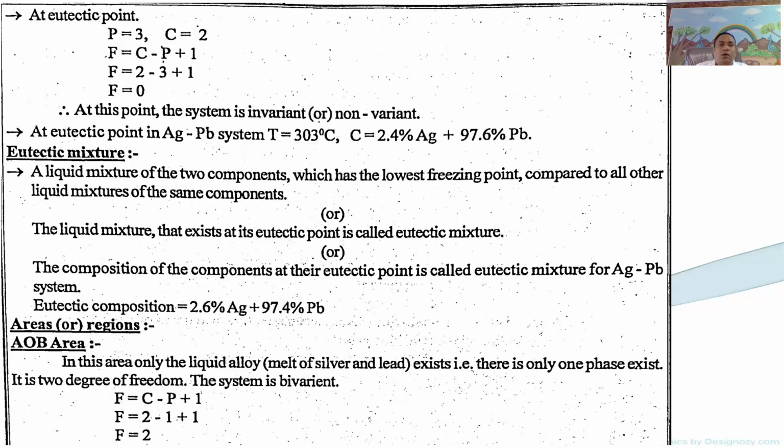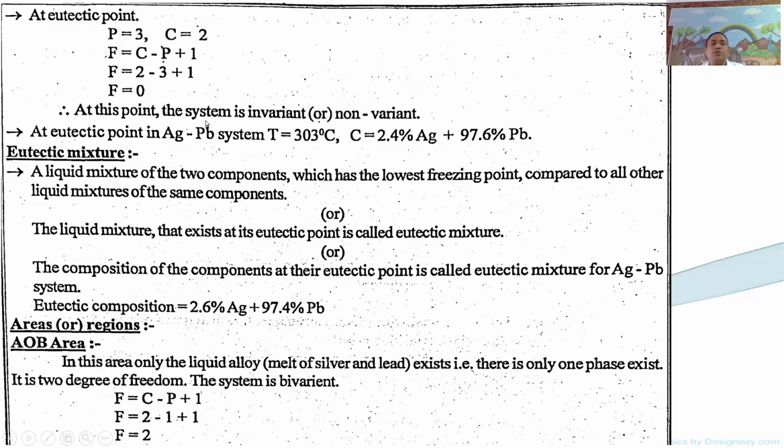Then at the eutectic point, the number of phases is 3. That is solid silver, liquid silver-lead, and solid lead. It is a two component system. Therefore, C is equal to 2, then F equal to C minus P plus 1, F equal to 2 minus 3 plus 1, F equal to 0.